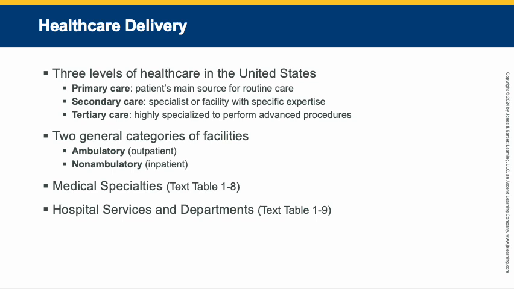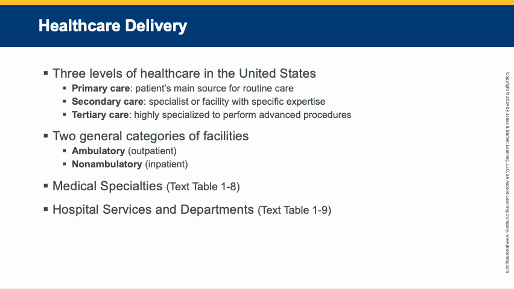Okay, on pages 25 and 26 in your textbook, you will see a list of different medical specialties. So I would like for you to look at these specialties and their areas of interest and their titles. I'd just like you to be familiar with these different specialties because you are liable to hear them at some point in your life, even if you don't hear them as a phlebotomist.